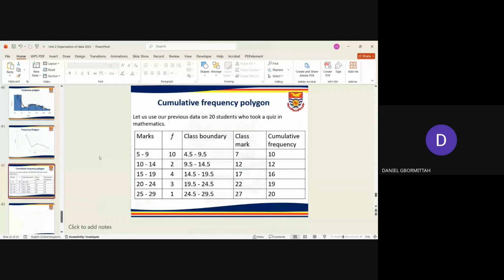Next one. So now we come to the cumulative frequency polygon. The one who has a question, that does not mean you should not ask questions. This one too is a common one, and they can examine you on that.